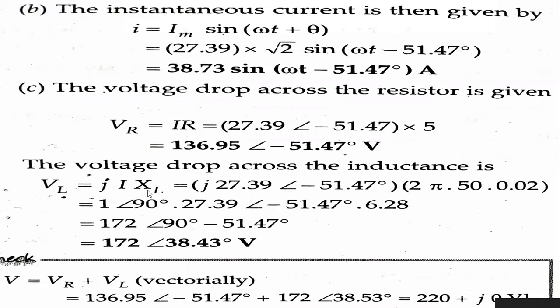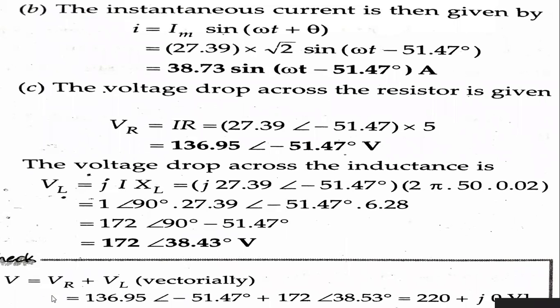And what is my XL? XL is equal to omega L. So what is my omega? 2 pi f L, which we have already calculated as 6.28. So these magnitudes will be multiplied with each other, and you will get 172. The angles will be added, theta 1 plus theta 2. So theta 1 is 90 degrees, so here it will be 90 minus 51, and you will get 38.46.